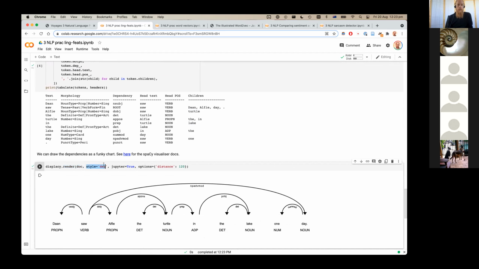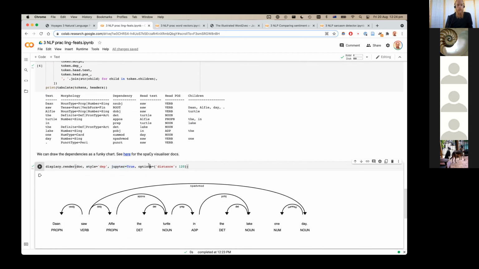The style of the render is a dependency chart. We put jupyter equals true here so that it renders inline. If we don't use jupyter equals true, then displaCy will render HTML or SVG code rather than the pretty picture.